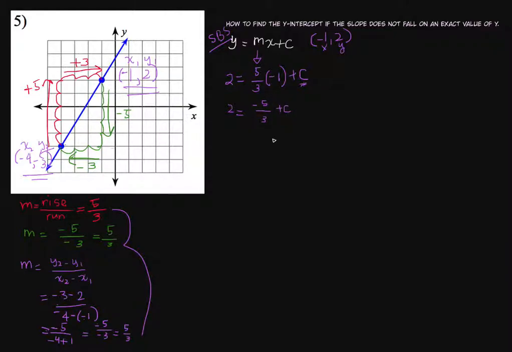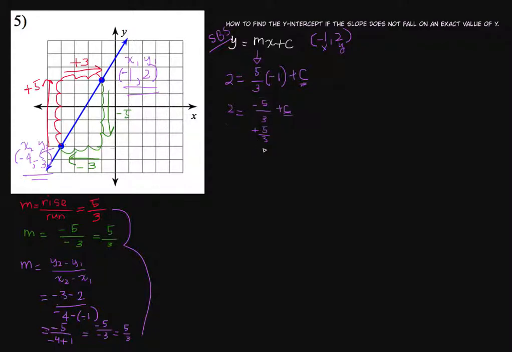Plus the constant. Now, just to remind you, in algebra, we want to isolate the variable. That means we want c to be by itself, okay? So we need to get rid of this. We need to transpose it to the other side. To do that, we need to do the inverse or opposite operation. So if this is negative, we want to add 5 over 3. Why?